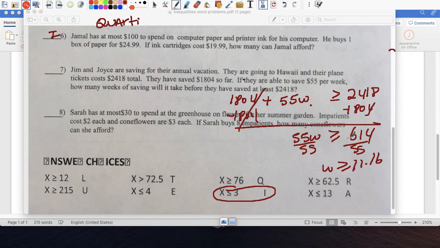I highly doubt that they have that as your answer. So they need a little bit more than 11 weeks, and they probably rounded. So your answer has to be greater or equal. The number of weeks necessary is greater or equal to 12. And there you go. So the next letter is L.